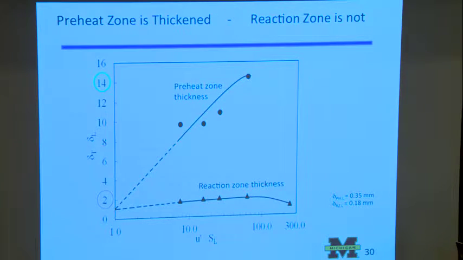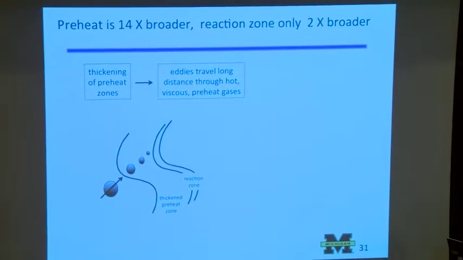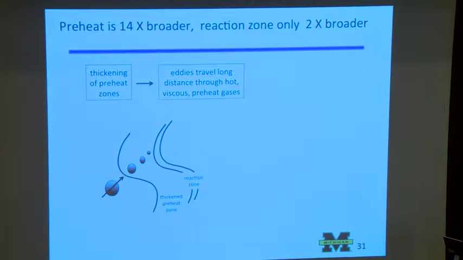Now we are seeing that the preheat zone gets thicker and thicker, and the reaction zone stays about the same, which up to a certain point is what Norbert said should happen. But why is this? Well, I don't think he ever said why.